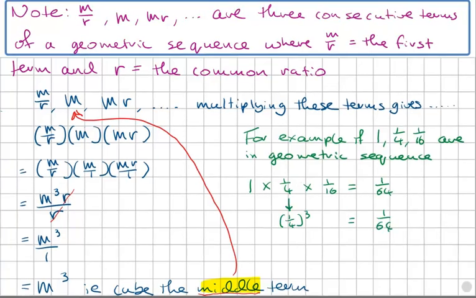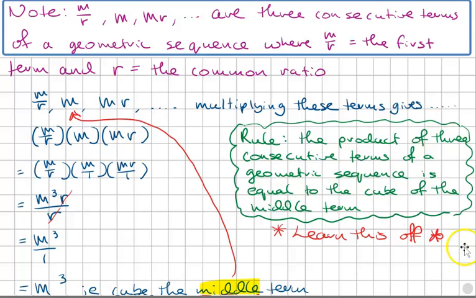So we get 1 over 64 when we cube a quarter, because a quarter was the middle term. So the rule is the product, which means multiply, of 3 consecutive terms of a geometric sequence is equal to the cube of the middle term. The cube of the middle term. I would suggest that you learn off this rule.